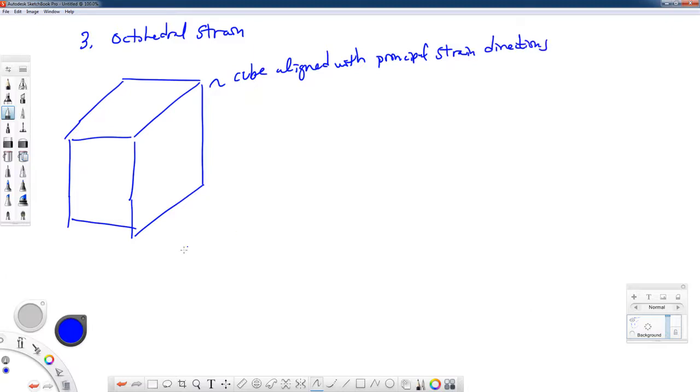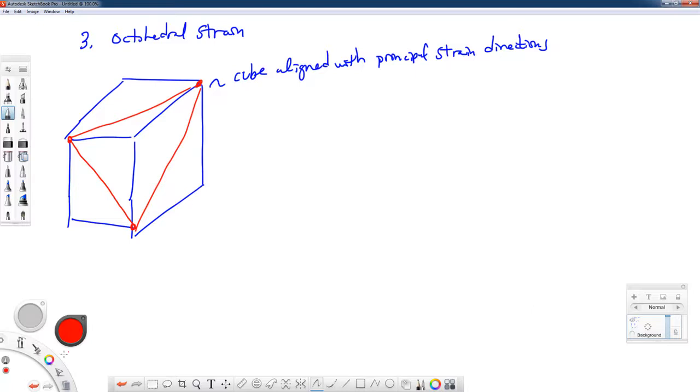If I were to take a plane that's formed by going equally along each of those principal strain directions, it would look something like this.